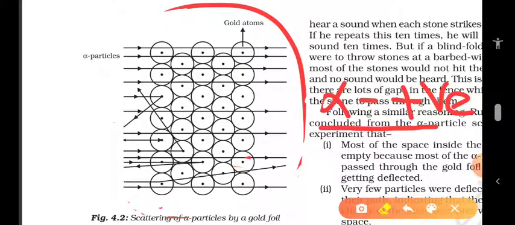Here we have gold atoms and the alpha particles are going towards the gold atoms.